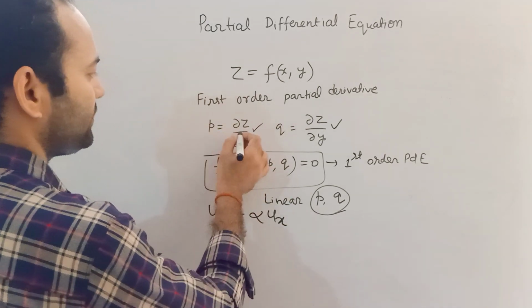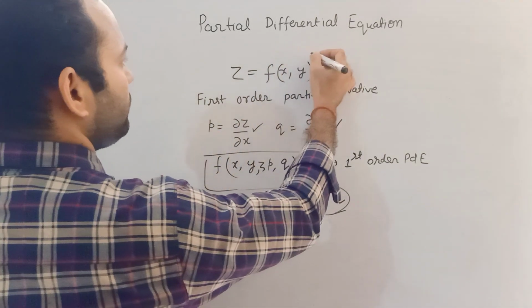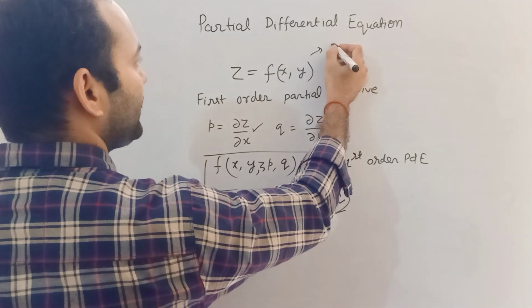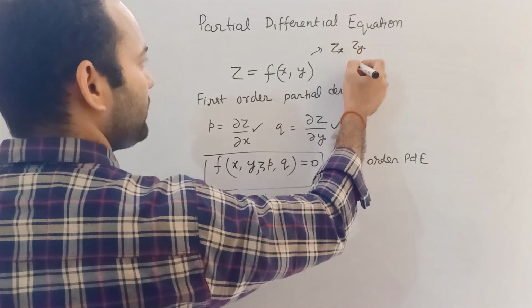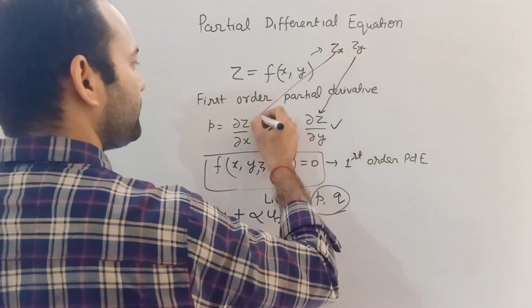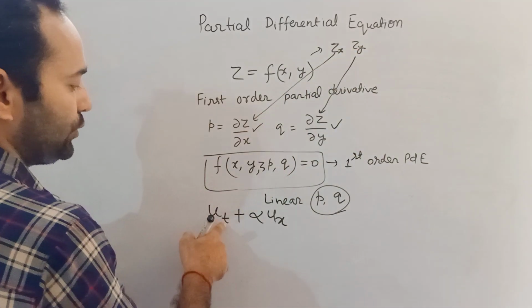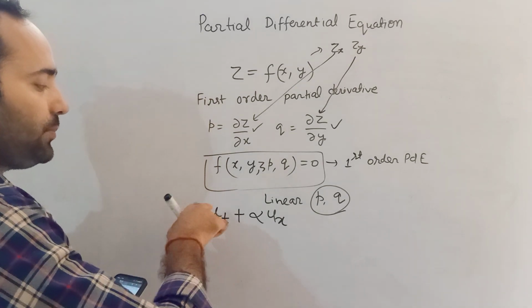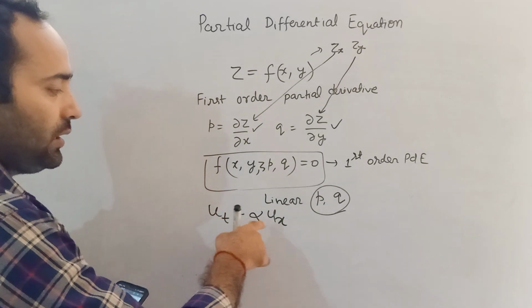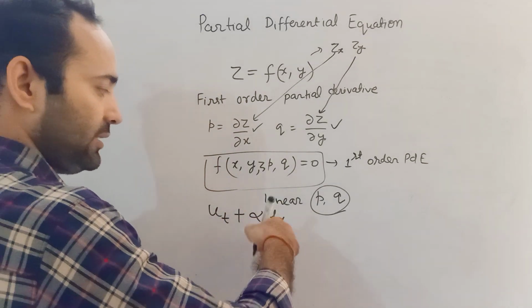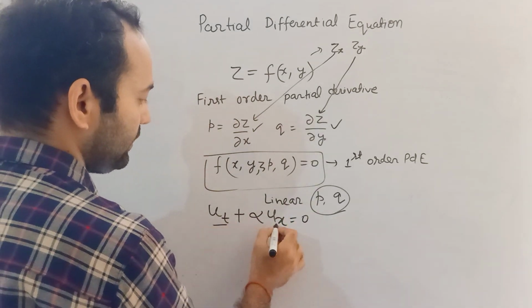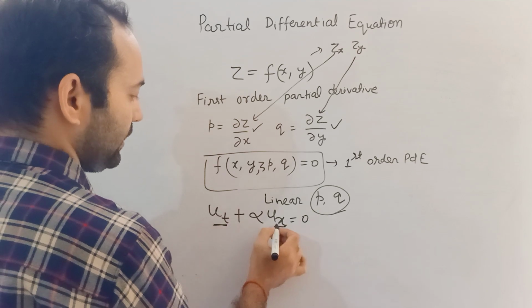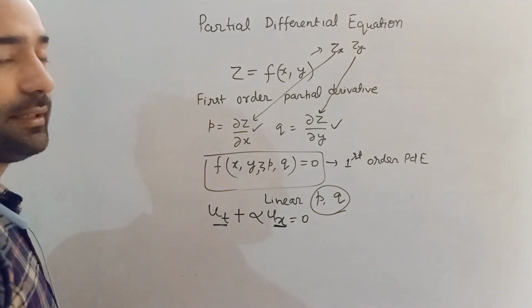By the way, you can write either z_x, z_y. So z_y will denote this and z_x will denote this. Similarly, u_t is the partial time derivative of u and u_x is the partial space derivative. This is linear in p and q.